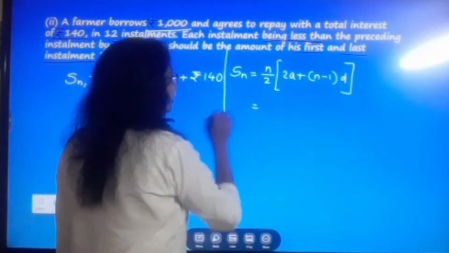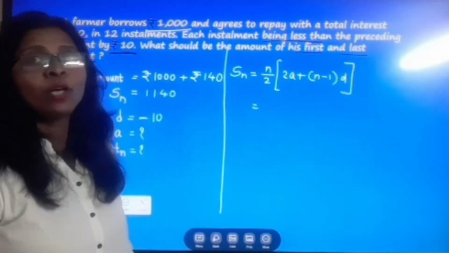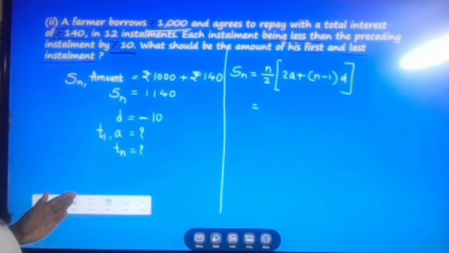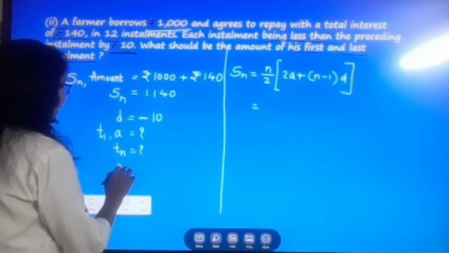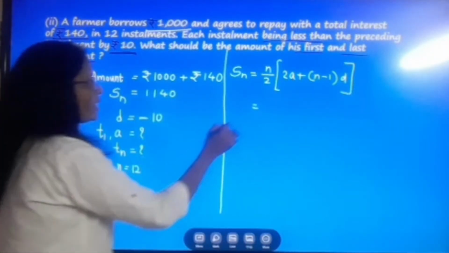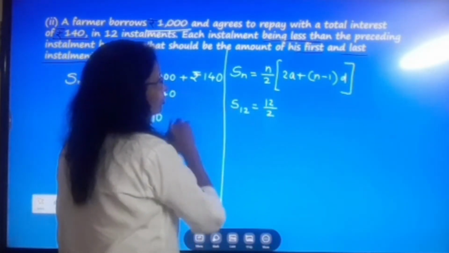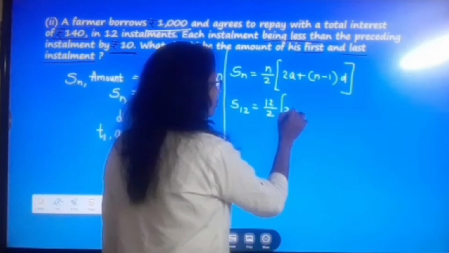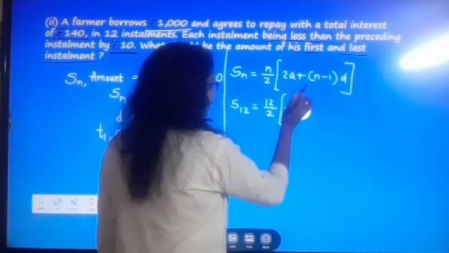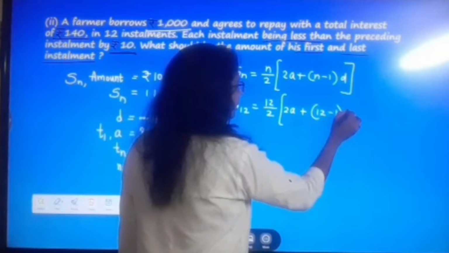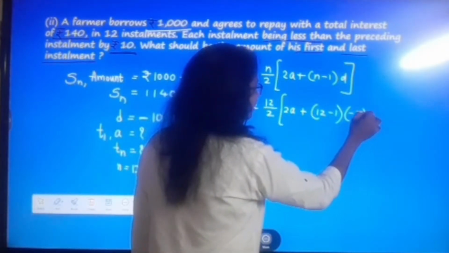So what is the value of n? That n will be 12, students. So here 12 upon 2 times (2a plus (12 minus 1) in the bracket minus 10).